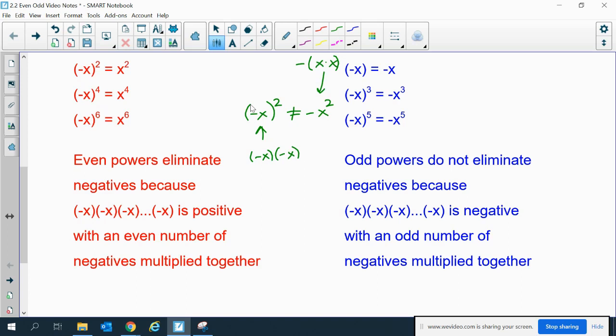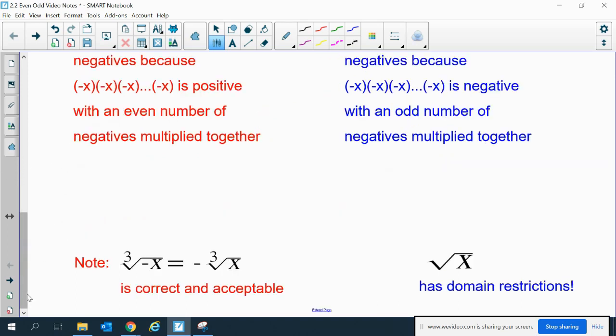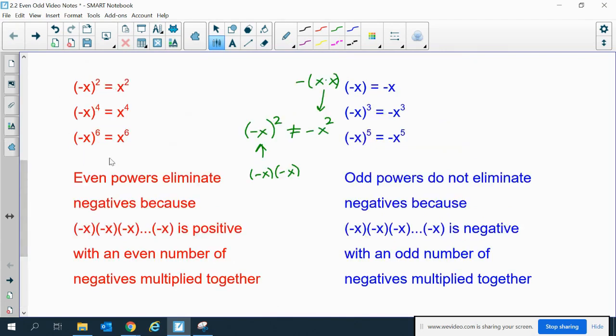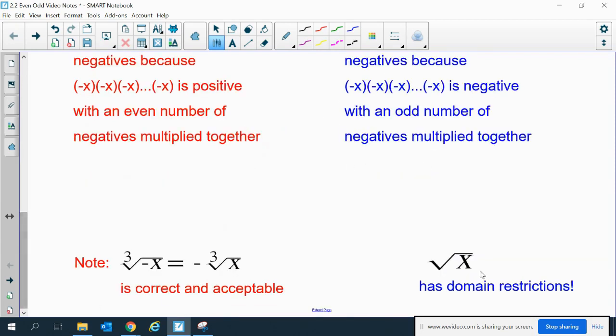And then one more thing that we may want to remind ourselves: if we have the cube root of negative x, that's the same thing as negative cube root of x. It kind of works in a similar way as the odd powers do. But when we have an even situation like the square root of x, there are domain restrictions.